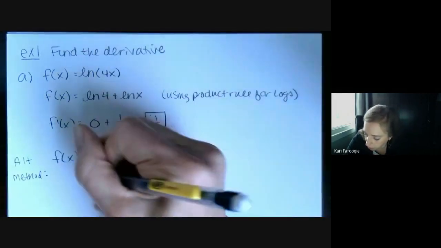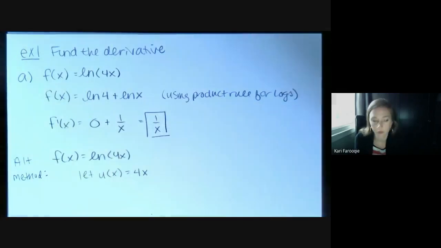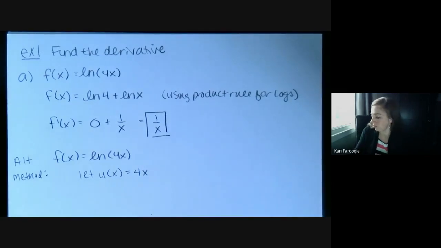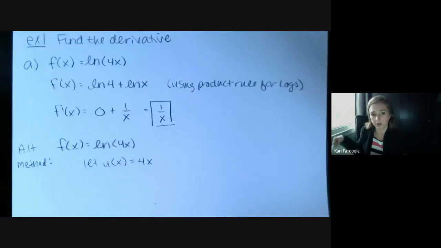You're going to let u of x be equal to 4x. And you're going to think about this as f of x equals the natural log of some function u of x. Like half the students will do it one way and half the students will do it another. I don't always like to show alternate solution processes, but because students are so random with how they do these, I like to do both.